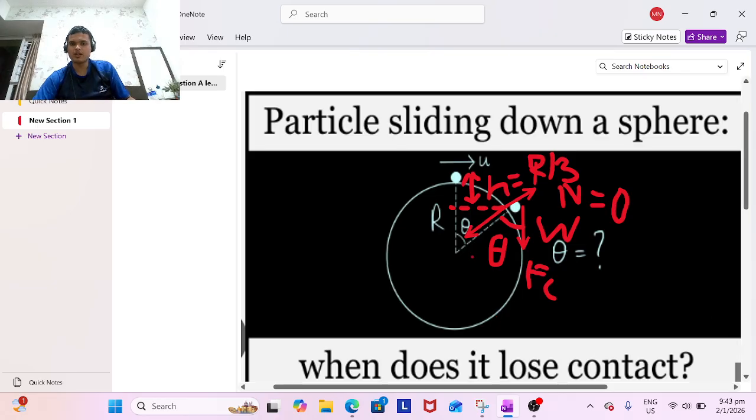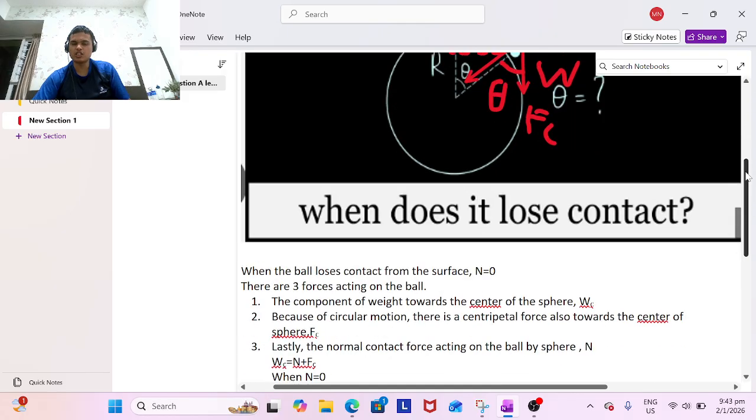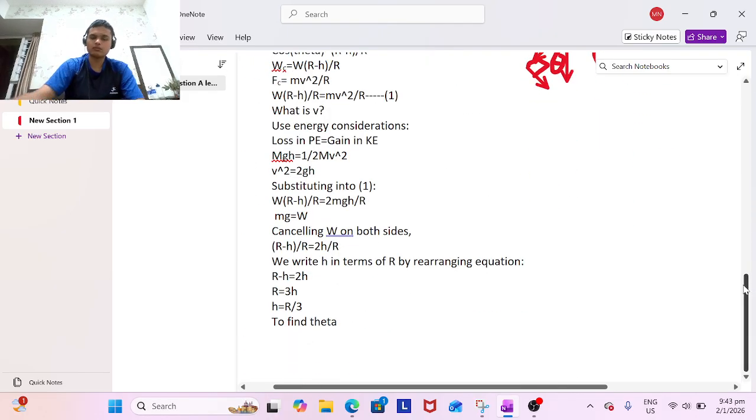So we still have to find out what theta is. Theta is basically (R minus H) by R, and H is R by 3.